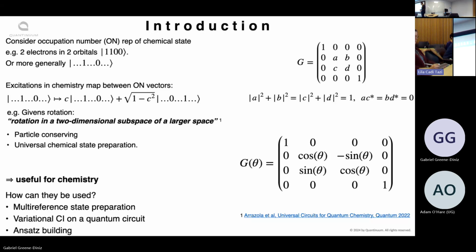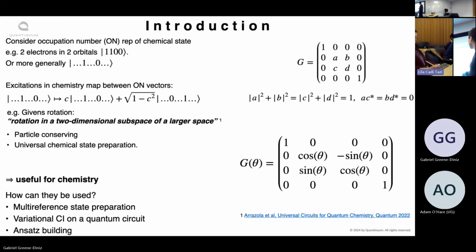So what we did was we took that paper, read their proofs, and converted them into working code that InQuanto uses to build these multi-reference states or CI. As I said, the applications for this kind of thing are multi-reference state preparation.